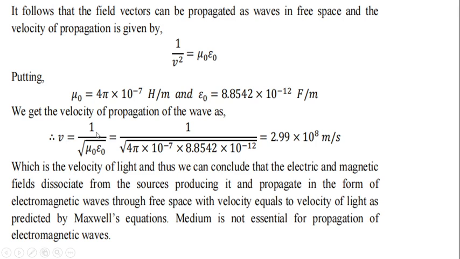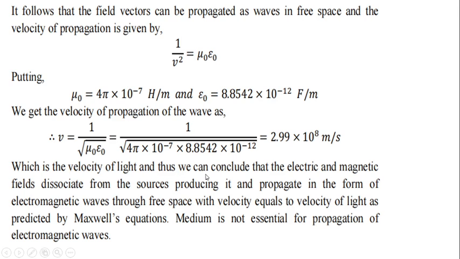Therefore v equal to 1 upon under root of mu 0 into epsilon 0, equal to 1 upon under root of 4 pi into 10 raised to minus 7 into 8.85 into 10 raised to minus 12, and after simplification, velocity equal to 2.99 into 10 raised to 8 meter per second, which is the velocity of light.